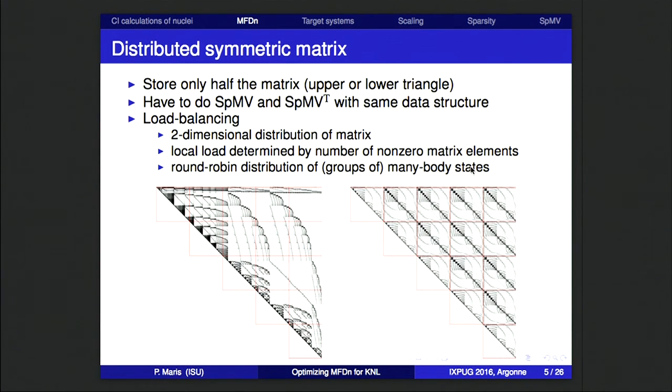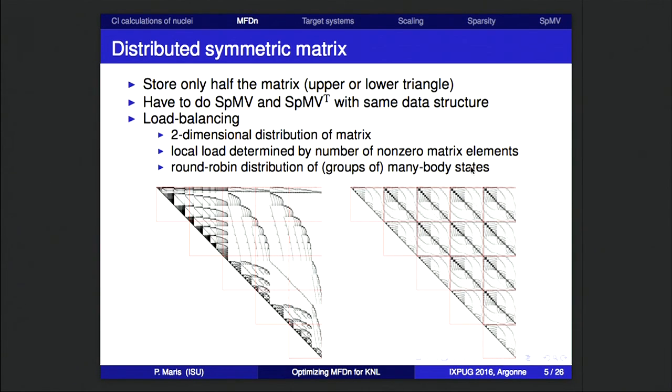The sparsity structure that you would naively get is something like this. Black means a non-zero matrix element, and this is probably about a 10,000 by 10,000 matrix, so all the dots are in fact dense regions. In order to get load balancing, we distribute the basis that we generate in a round-robin fashion over the MPI ranks that we have.